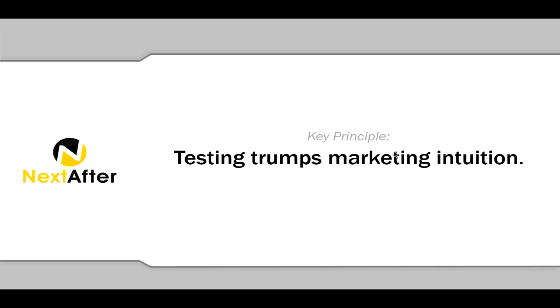So the first key principle that I wanted to wrestle with today as we go through this experiment is that testing trumps marketing intuition. If we continue to rely upon our guts or just our own past experiences, we'll often miss the opportunity to find the gold that exists when we have the ability to test these things in real life.